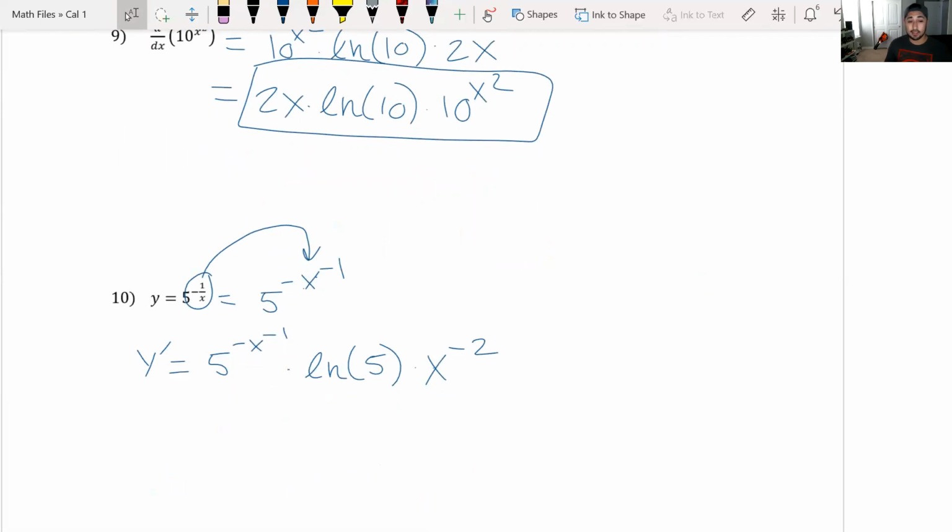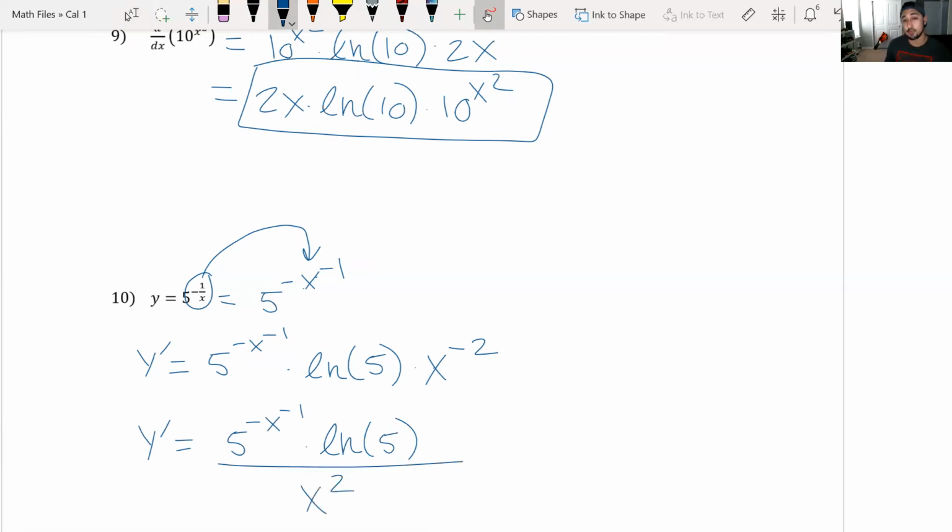Ugly, ugly, ugly. Nothing you can do about it. We can only rewrite it as y prime equals 5 to the negative x to the negative 1 times the natural log of 5 over x squared. That's good enough.